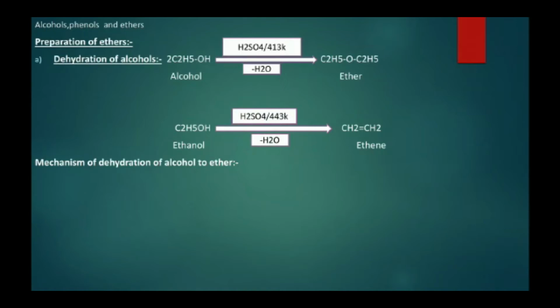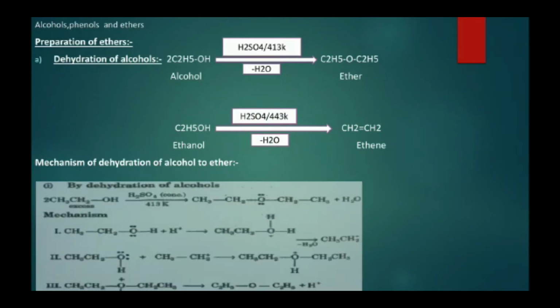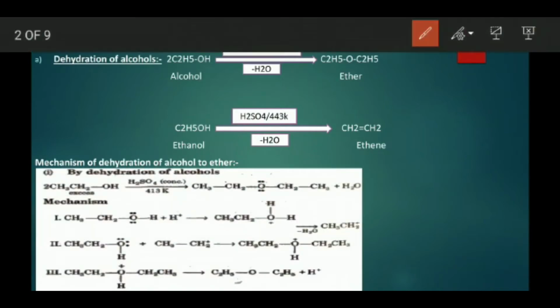So in these 3 steps alcohols convert into the ether. We'll see this. 2 moles of ethyl alcohol convert into diethyl ether after elimination of water.